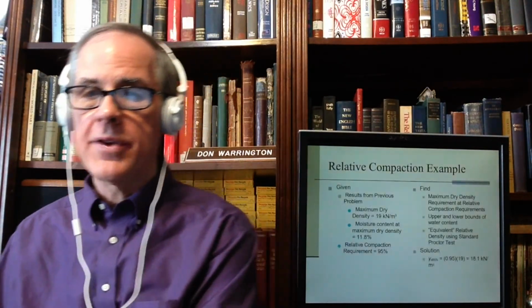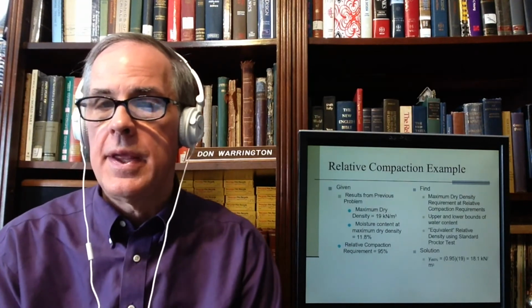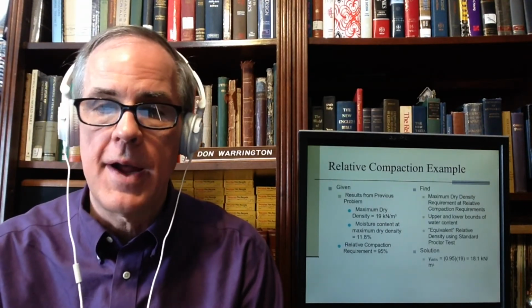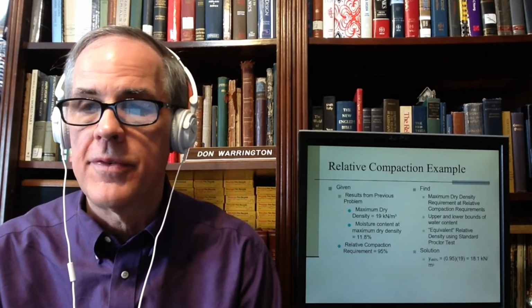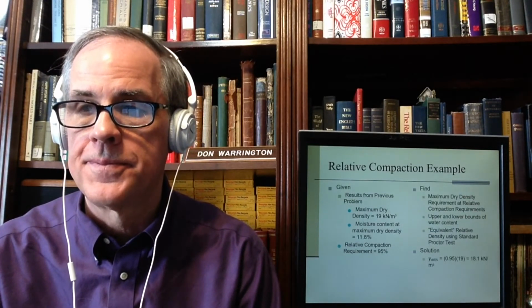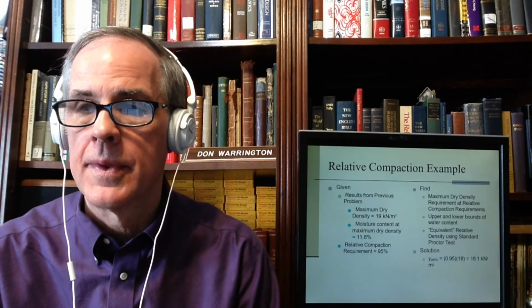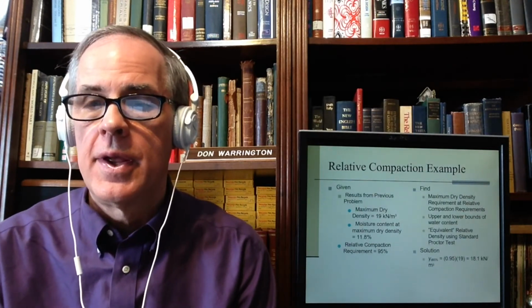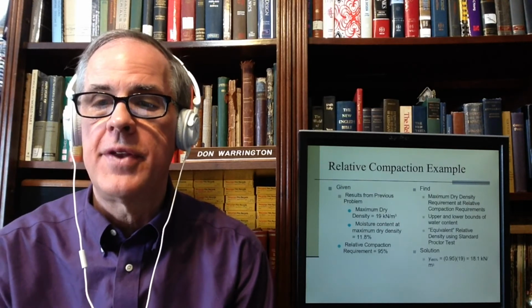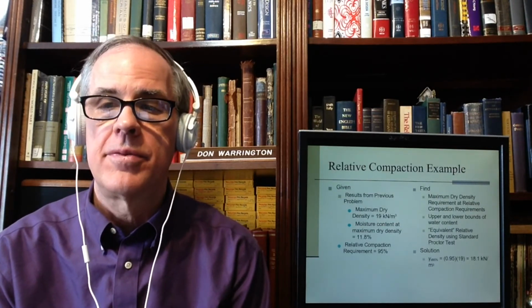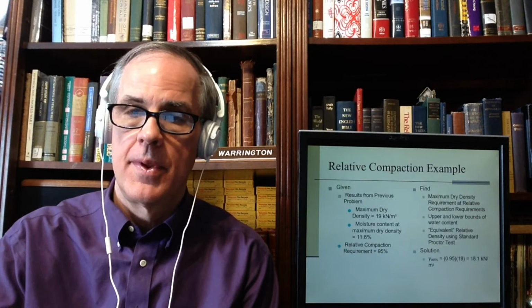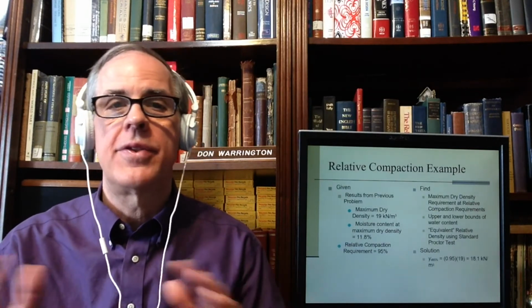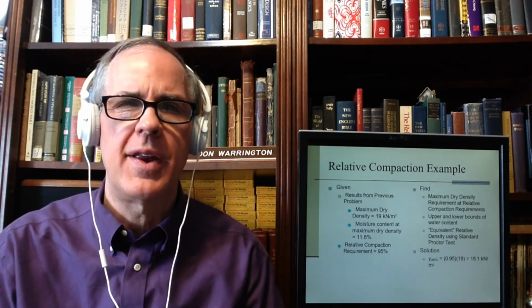So a relative compaction example is this. Results from the previous problem: we got those results which you saw. We have a relative compaction of 95%. Find the maximum dry density and an equivalent relative density using the standard Proctor test. That's what we're trying to do, to relate the two. And the easiest way to show that is an example.